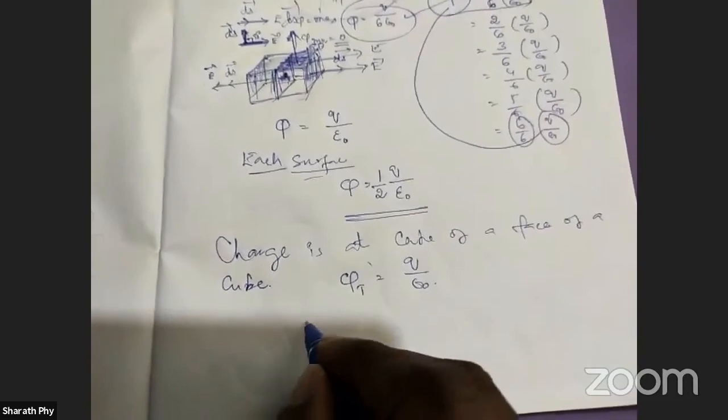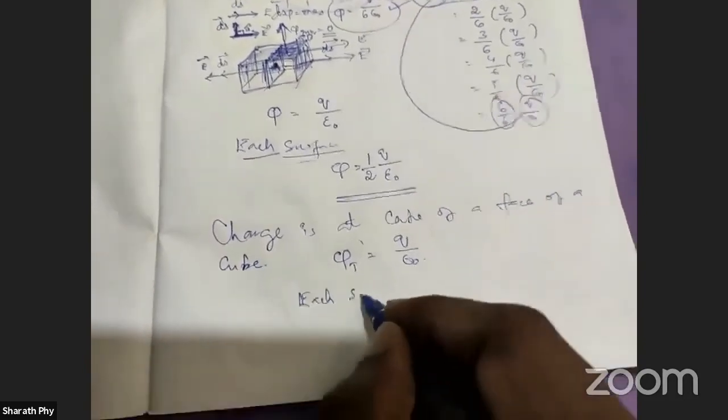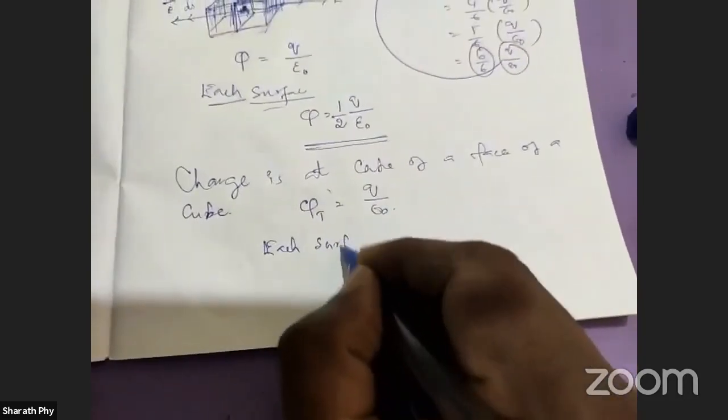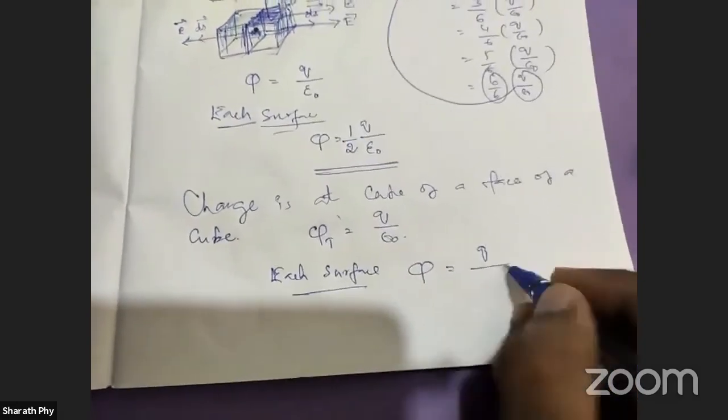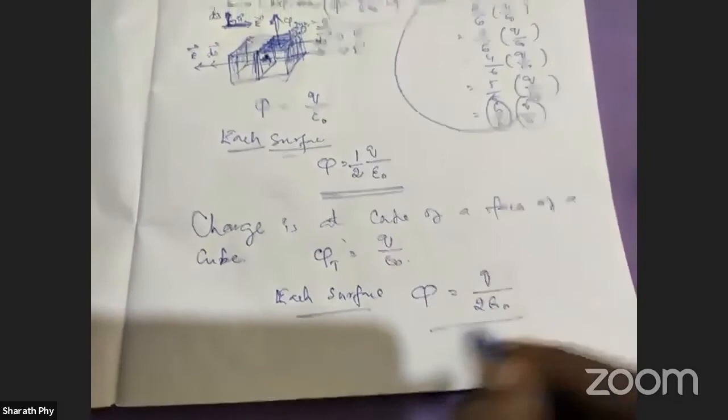But for each surface, the flux is equal to Q by 2 epsilon naught. Like that, many problems they will ask in the examinations.